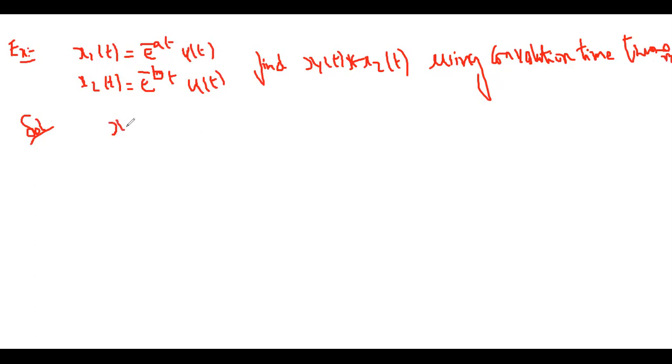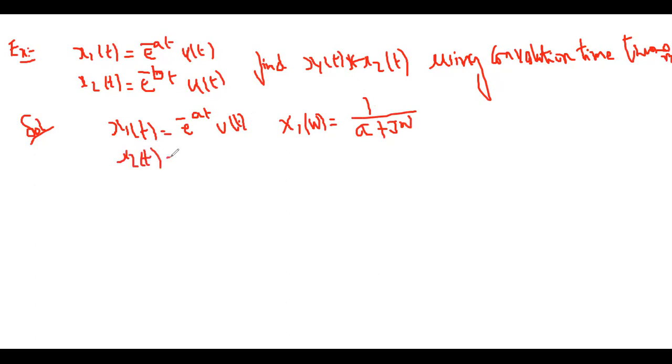So what is the Fourier transformation of the signal x1 of t equal to e power minus at mu of t? X1 of omega is equal to 1 by (a plus j omega), and x2 of t is e power minus bt mu of t, so x2 of omega is equal to 1 by (b plus j omega).